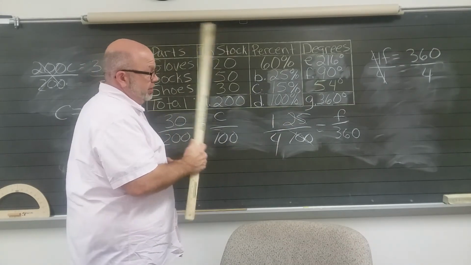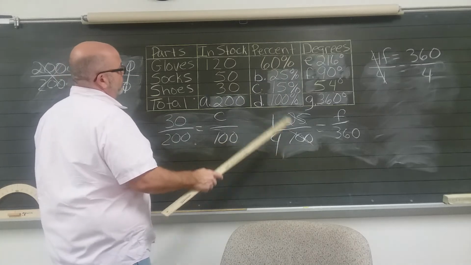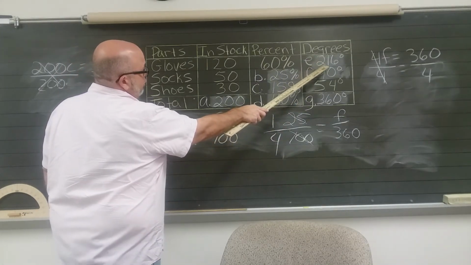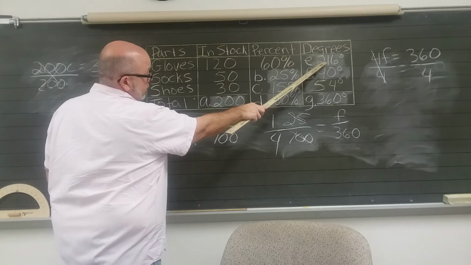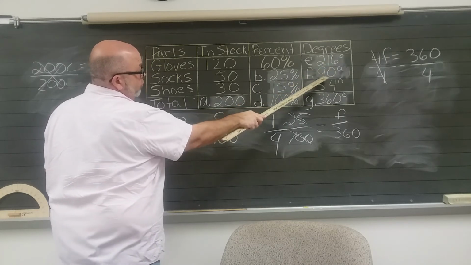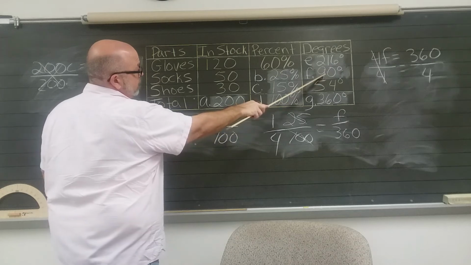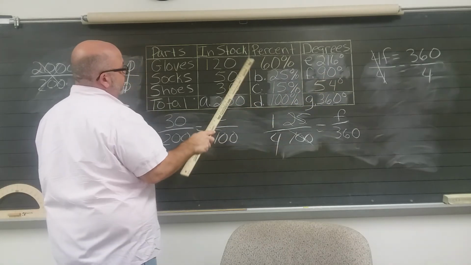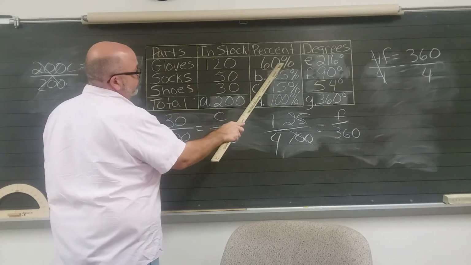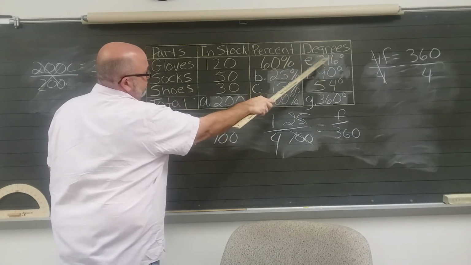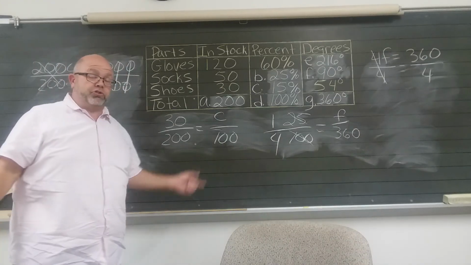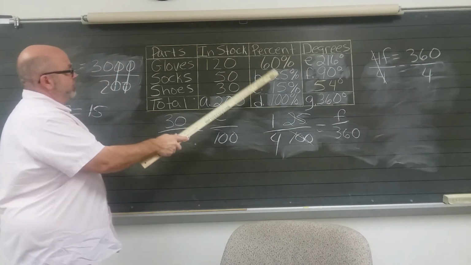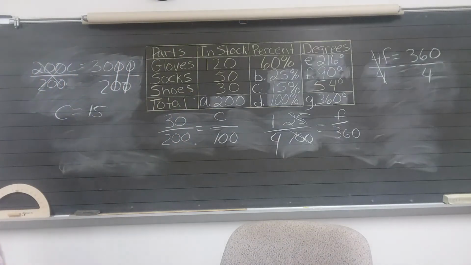But when you go to make a circle graph, you're not doing that now, but you'll draw a circle, and in the circle with your protractor, you'll make a 216 degree angle. Off of one of the lines of the 216, you'll make a 90 degree angle, and then you'll have a 54 degree one left. And then you put your information in. Gloves, 60% inside the 216 degree angle, etc. And we'll talk more about that when it's time to make those circle graphs. But this is how you fill in those charts.